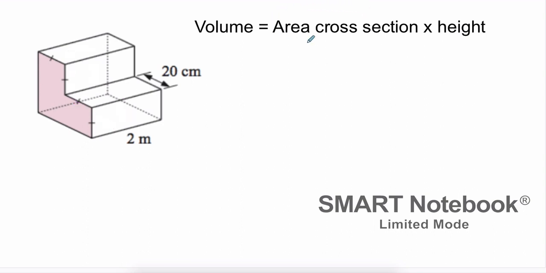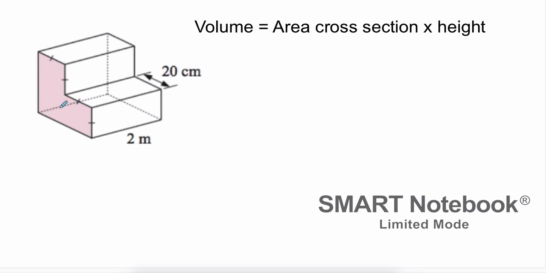Now you just need to find the area of that cross-section and then multiply it by the height of the prism. Sometimes we call this length instead of height, so it depends on the position of the prism. At the moment, the cross-section is here, the pink one, and from end to end you have a certain distance, and that distance we call length or height.